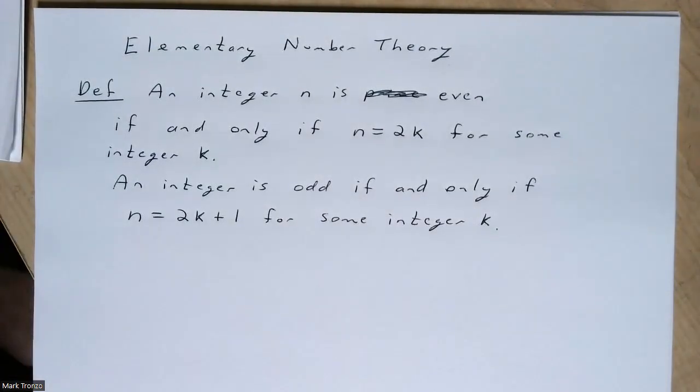So that's the definition of odd and even integers.